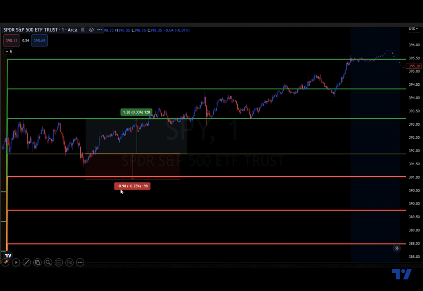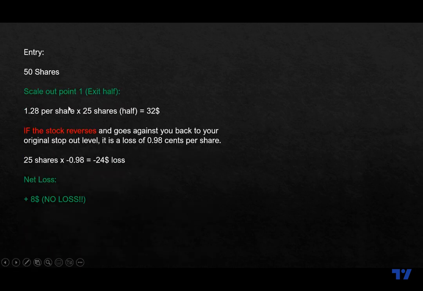My stop out is around 98 cents away from my entry point. Now, if we do the math, if I scale out half there, it's about $32. I'm locking in on 50 shares. I usually trade much more than 50, but a reasonable amount of shares would be 50. So I'm locking in $32.